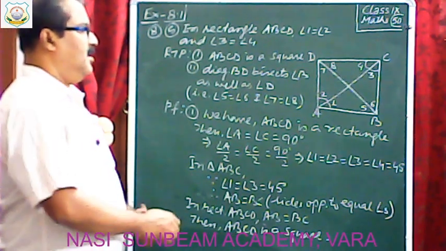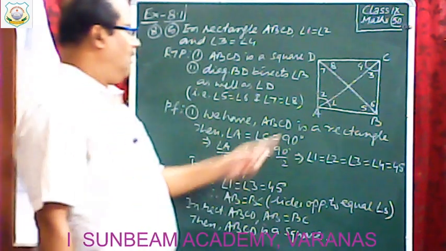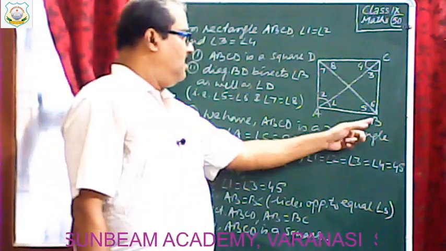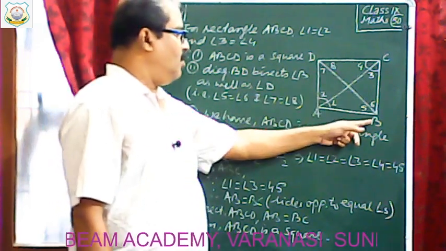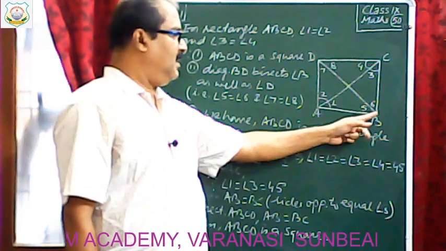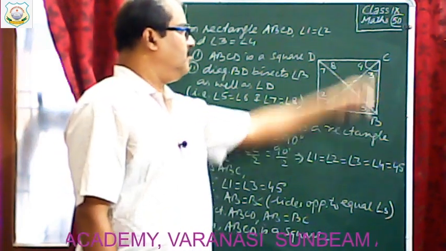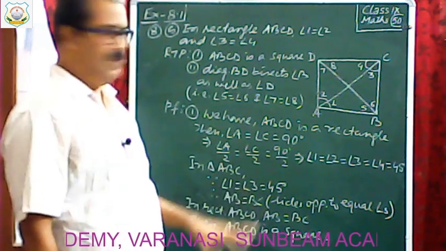Okay, so nothing else. For the second proof, we have to show triangle BAD is congruent to triangle BCD. Now ABCD is a square, we have shown. All sides are equal.